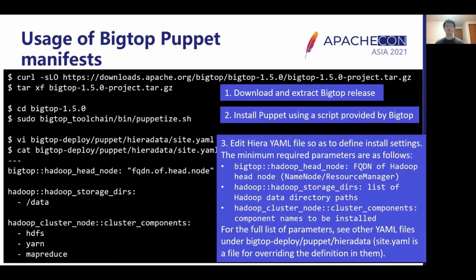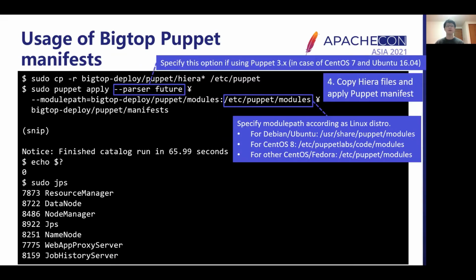Of course, users can configure detailed settings, so check the YAML files under bigtop-deploy/puppet/hieradata and override them if needed. Finally, copy the Hiera files into the designated directory and run the Puppet apply command.